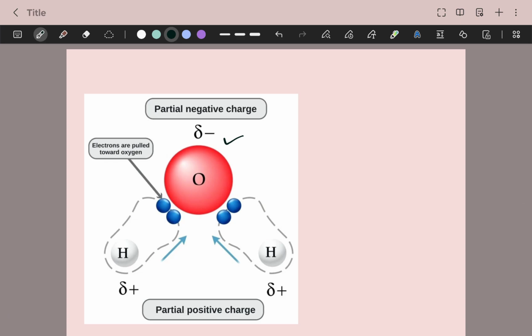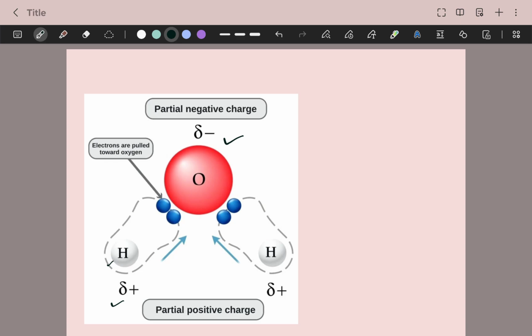Oxygen is one of the most electronegative elements. Clear? And a partial positive charge, denoted by delta positive, is on the less electronegative atom. Hydrogen is less electronegative as compared to oxygen. Clear? So in such a covalent bond between oxygen and hydrogen, the electrons spend more time near the oxygen nucleus than the hydrogen nucleus.